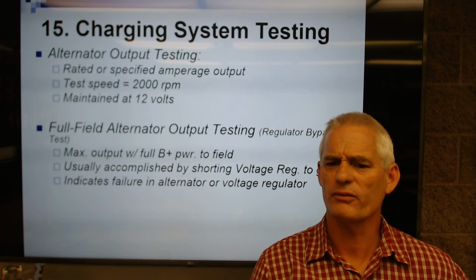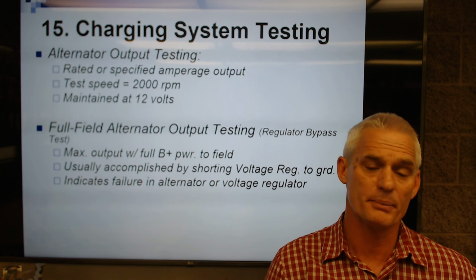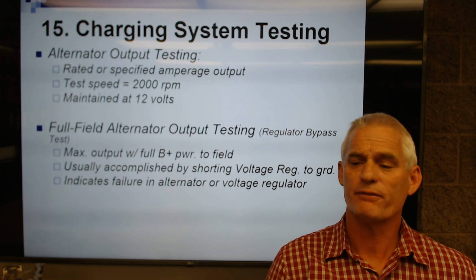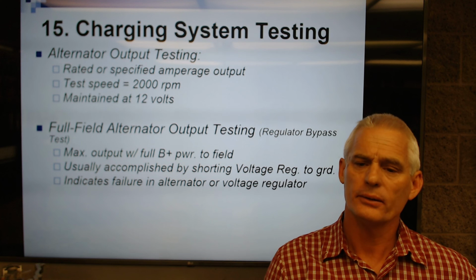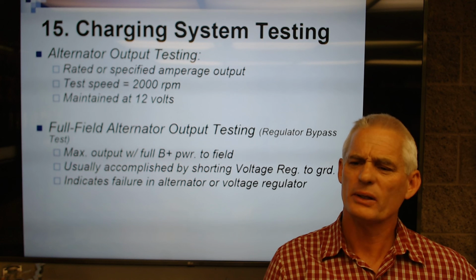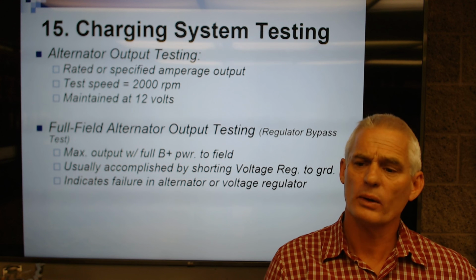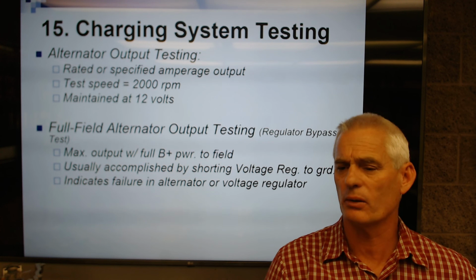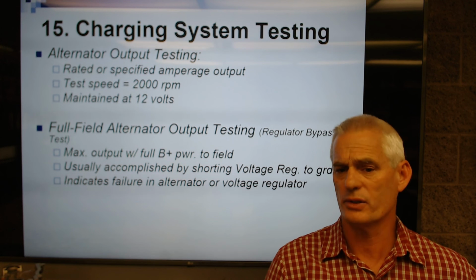And there is a thing called a full field alternator output test that's not really done anymore, but this gave us a way of bypassing the voltage regulator and forcing the alternator to produce a maximum output. I do have a car here that we can still do that on, and we don't do it on modern cars with computers involved, but it was a way of deciding, is the alternator working correctly or is the voltage regulator malfunctioning?